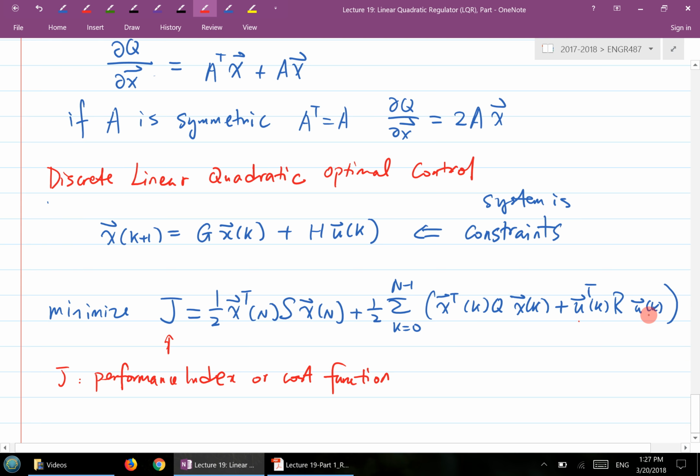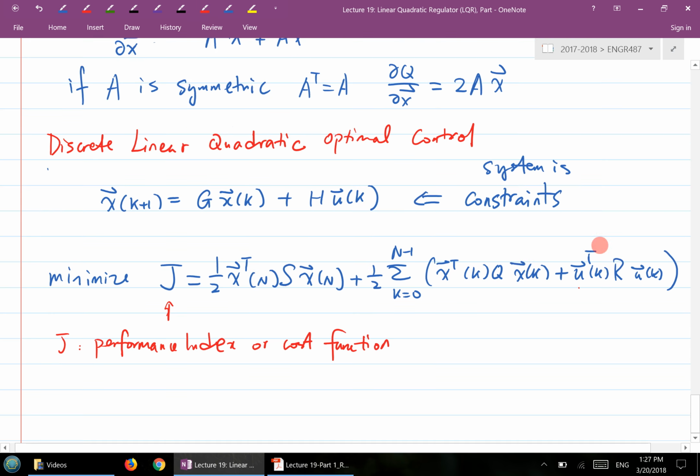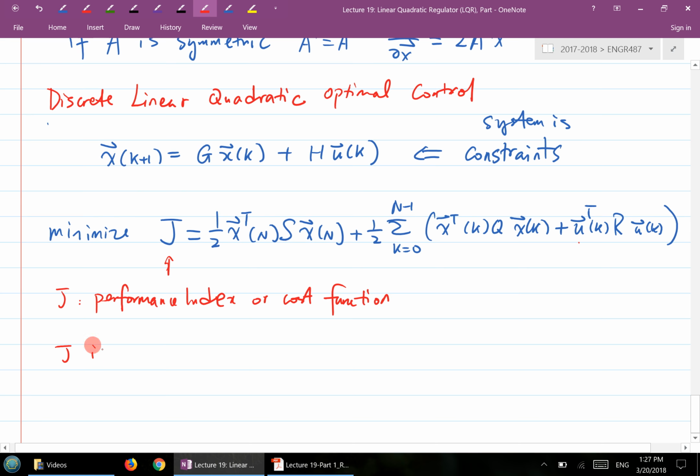So it's a quadratic format. So J is a quadratic format.